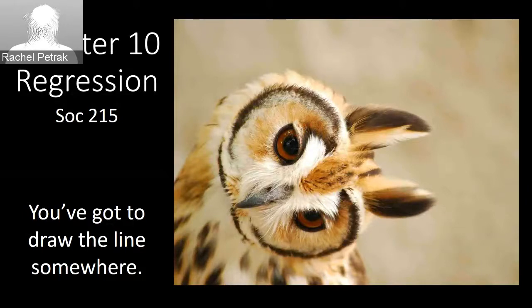We'll also touch on topics from the later chapters on regression, 11 and 12, and discuss looking at the regression line and error in regression.